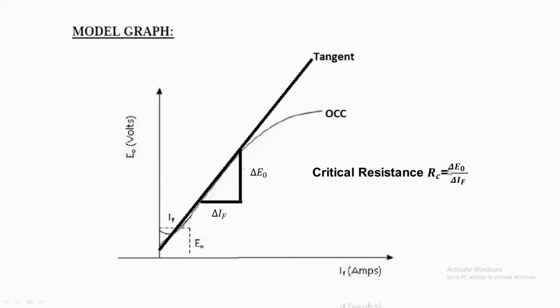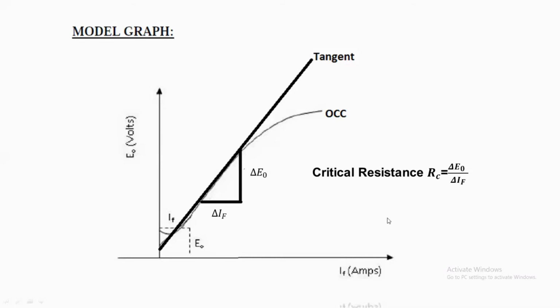Some conditions for building up the voltage of self-excited generators: the generator field resistance must be less than the critical resistance. Second, the field terminals should be connected in such a way that the field current increases flux in the direction of residual flux, so that it supports the residual flux and gradually builds up the voltage.